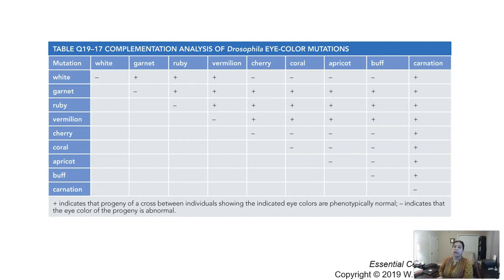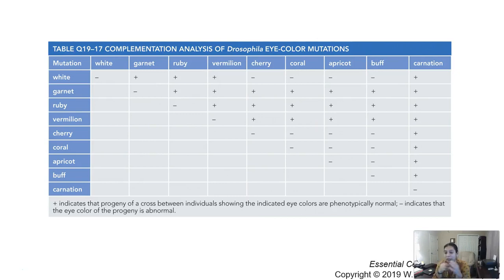So many times when we are looking at these traits, you have not just two observable phenotypes, but lots of observable phenotypes, especially in most multicellular organisms. So we can create a chart just like this, whereby we can analyze the complementation.